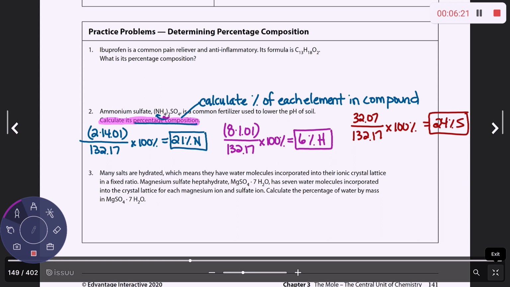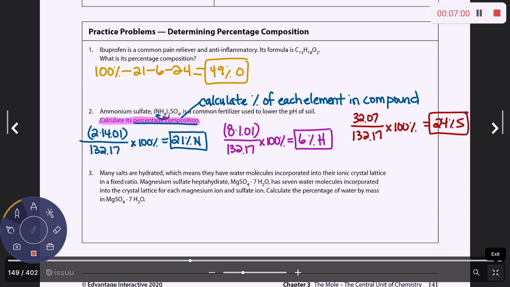So for instance, if I want the percent of oxygen, since I've got 100 is what they all add up to, so 100 minus 21, minus 6, minus 24, that's going to end up giving you 49% oxygen. Does that make sense? When I calculated it the long way, so 4 times 16 divided by 132.17 times 100, I got 48. Okay?